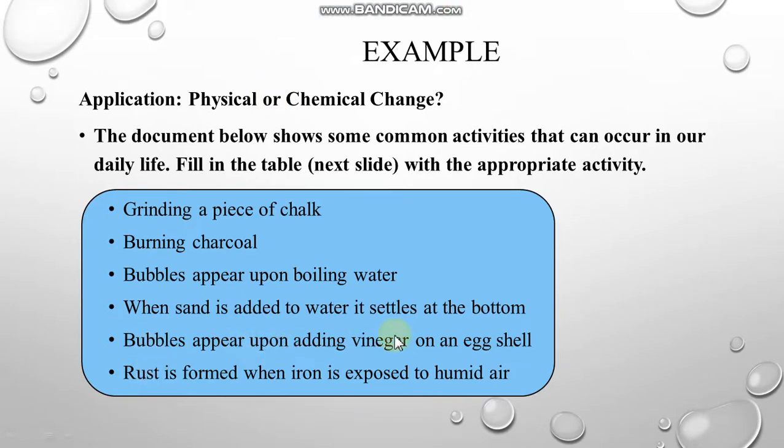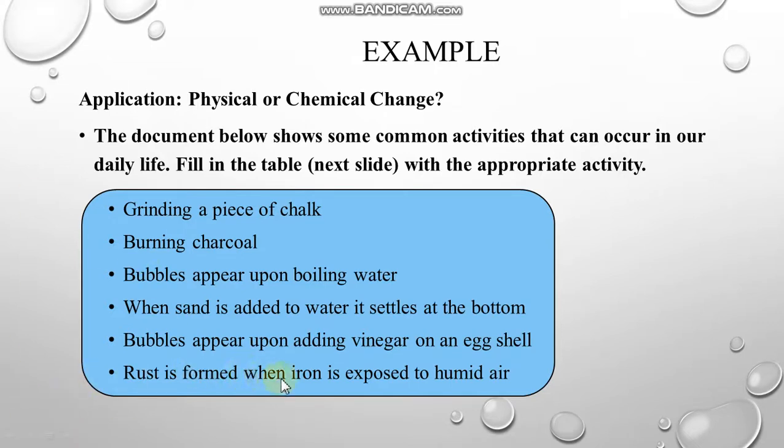Bubbles appear upon adding vinegar on an eggshell. مجرد ما قال لي bubbles appear يعني في عندي release of gas، يعني في عندي chemical reaction. لما نحط الفينيجر على قشرة البيضة بصير في عندي gas bubbles. So this is a chemical reaction.